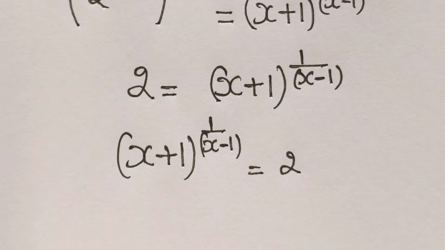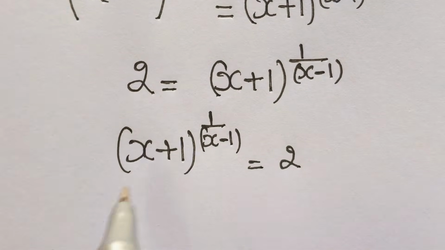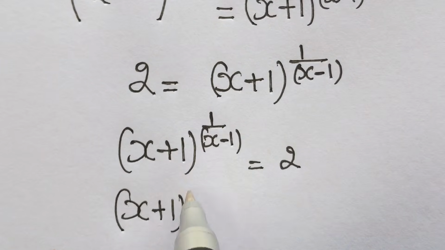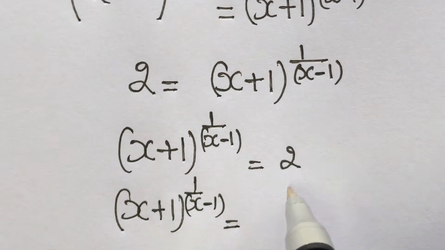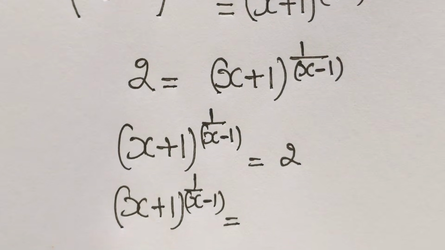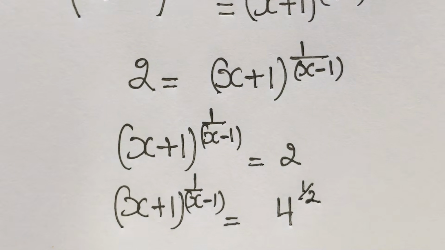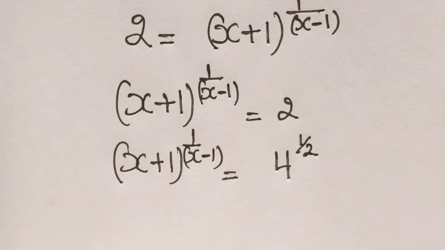Now, at this stage, we have x plus 1 power 1 over x minus 1, and then of course these two will be square root of 4, and the square root can be written as 4 power 1 over 2, right?